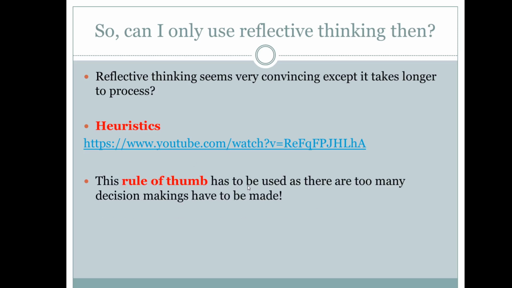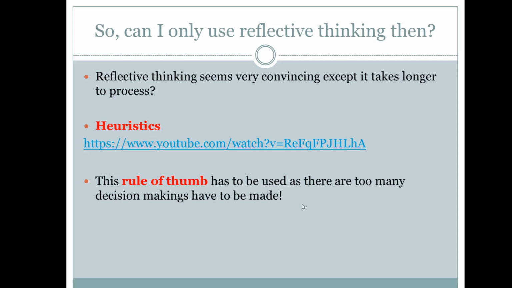Because there are too many decisions that have to be made every day, we have this very simple rule. We just use a shortcut in our mind to decide on so many things, like what I'm going to wear today, what I'm going to eat today, what I'm going to do after dinner today. So that is the concept.